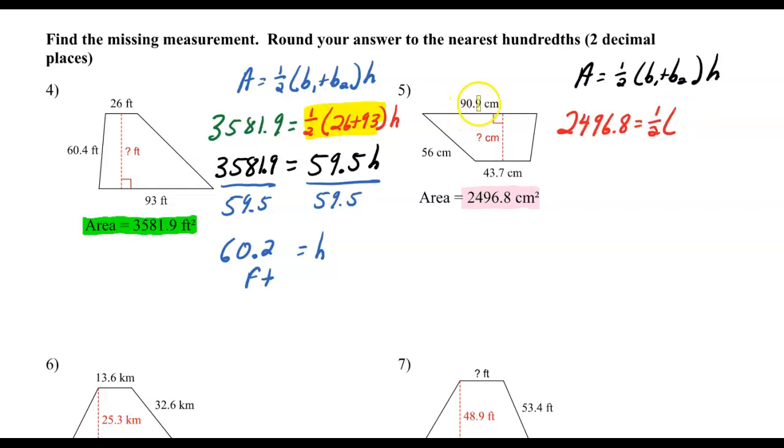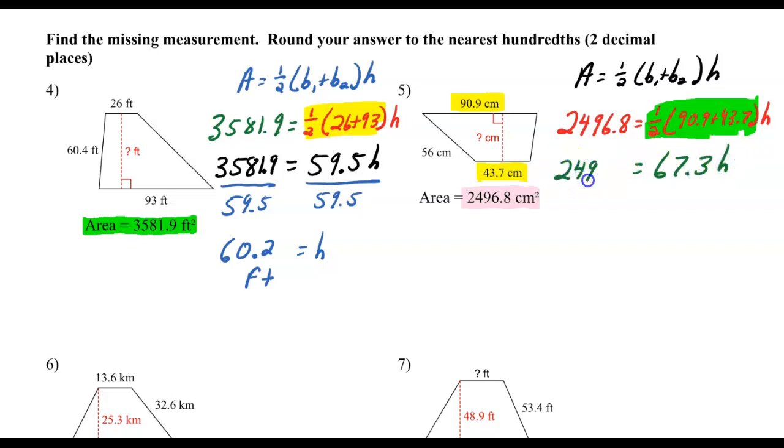The bases are 90.9 and 43.7, so I'll put that in the parentheses. 90.9 plus 43.7 times the height. I'm going to type this number that I just highlighted in green in my calculator. So 0.5 parenthesis 90.9 plus 43.7. Doing that on my calculator, I'll get this equal to 67.3 h.